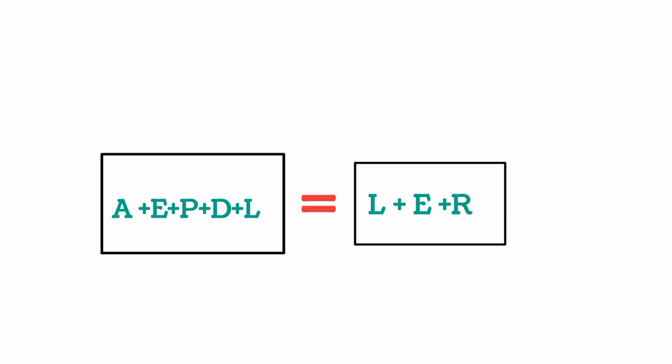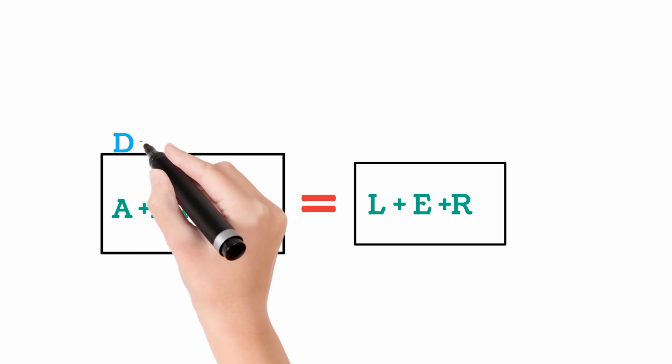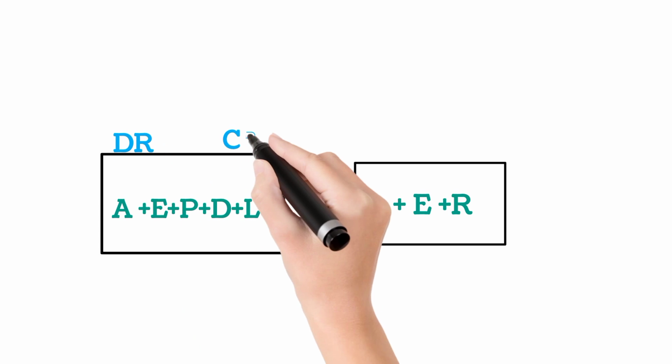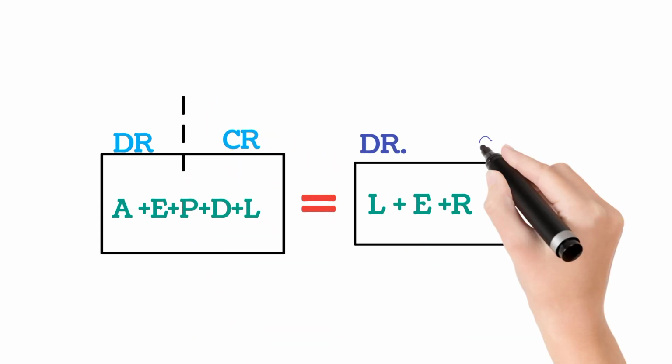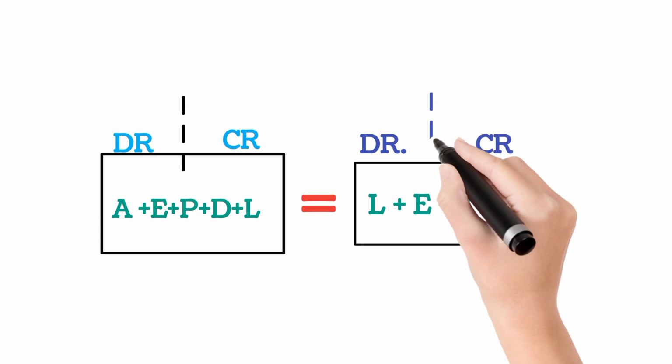These are the components in the left hand side of the accounting equation. Then on the right hand side we have liability, equity, and revenue items. The two sides each have their own golden rule. There's a golden rule for the left hand side of the accounting equation, and there's a golden rule for the right hand side of the accounting equation.